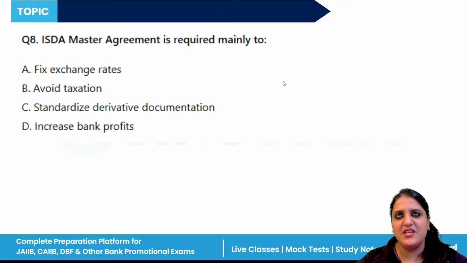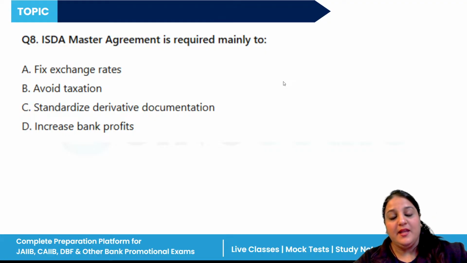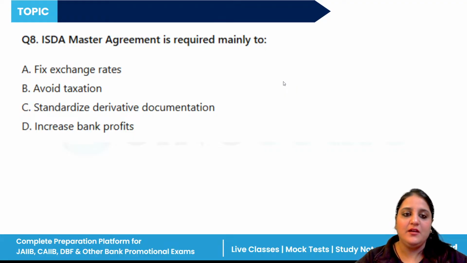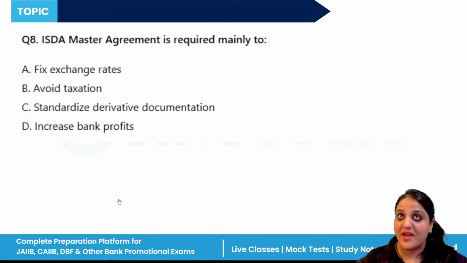ISDA's full form is International Swaps and Derivatives Association. They govern transactions like swaps and options, and establish a single unified agreement for all the trades between the two parties, which helps reduce credit risk and provides standardized legal terms.